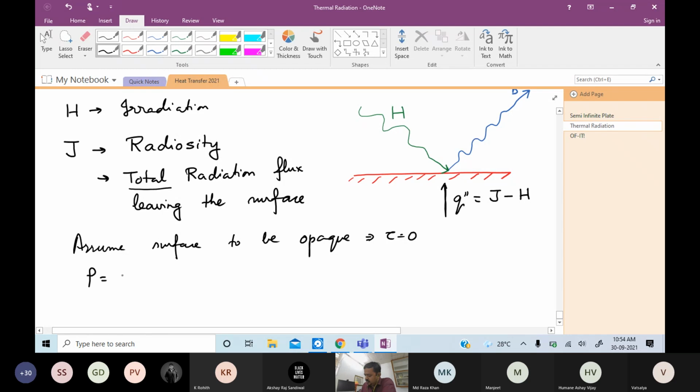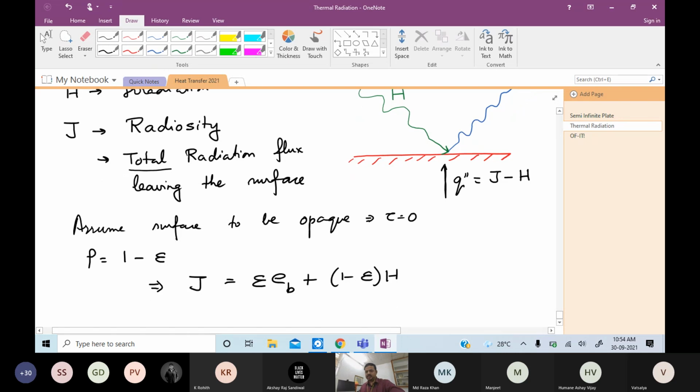Therefore, rho will be 1 minus epsilon. Therefore, J is going to be epsilon EB plus (1 minus epsilon) H.